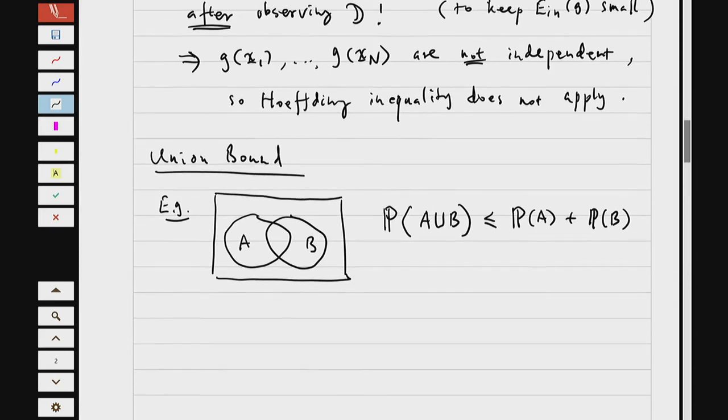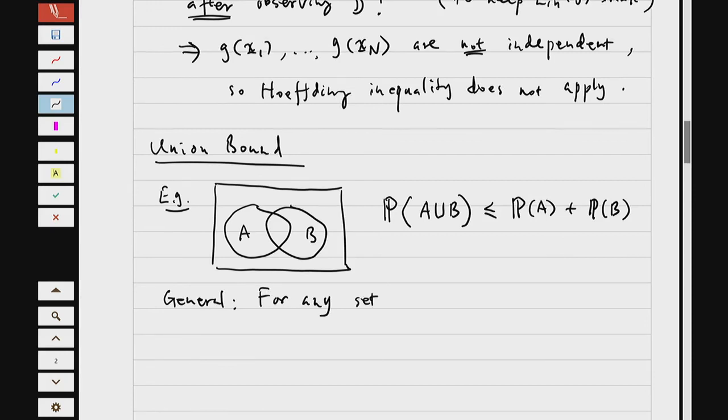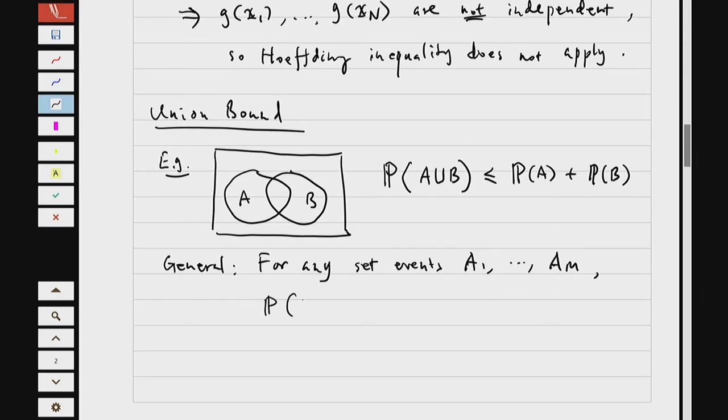We can generalize this to m events. In general, for any set of events A1 to Am, the probability of their union is upper bounded by the sum of their probabilities.